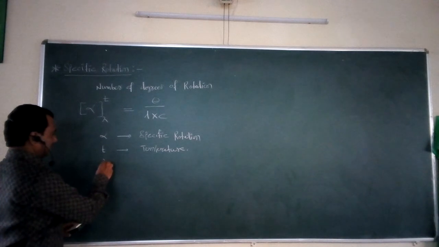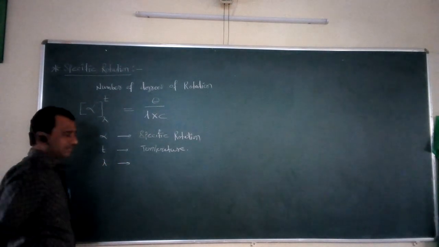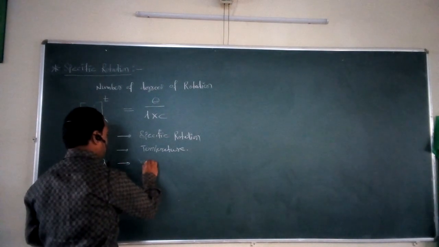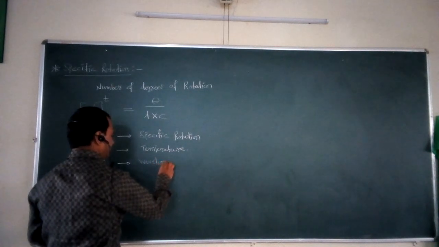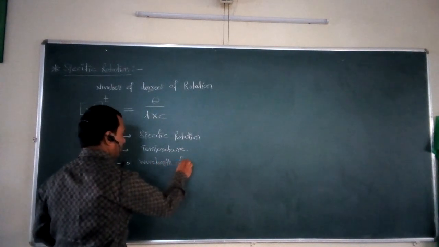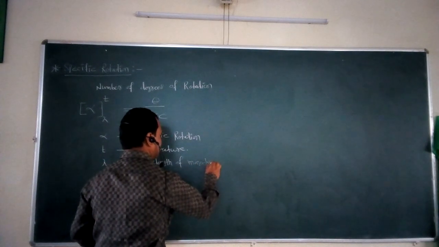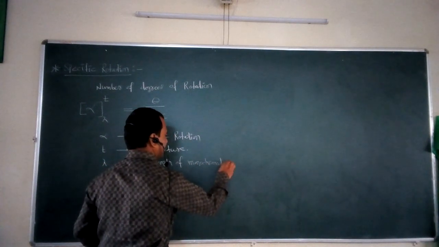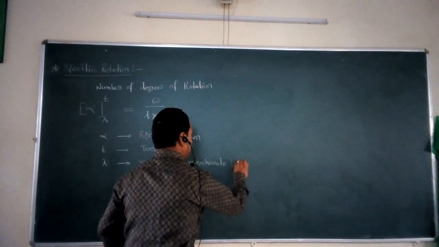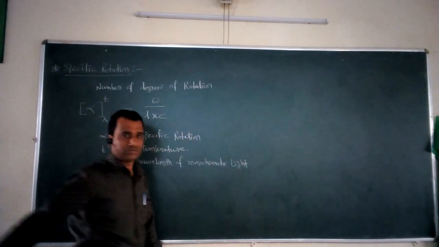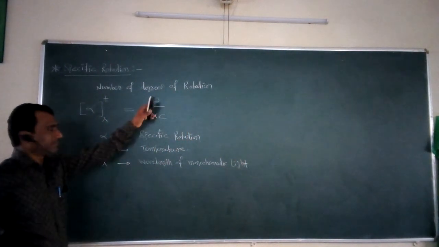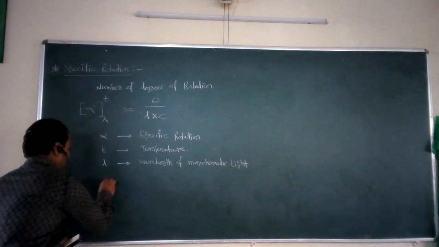Next is lambda, which is the wavelength of the monochromatic light.